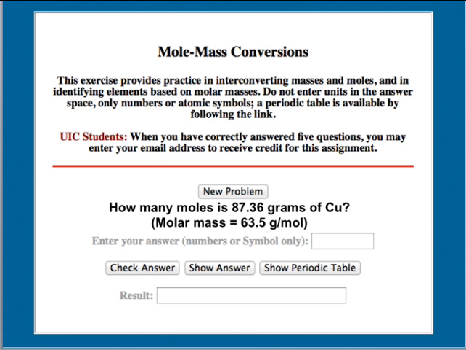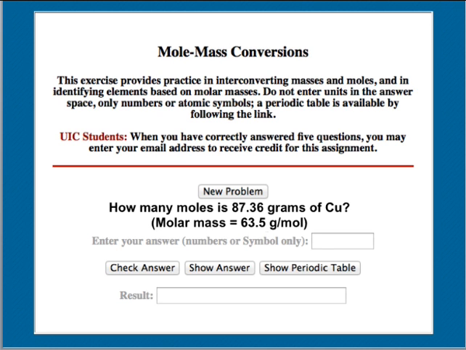Well, if 1 mole weighs 63.5, how many moles is 87.3? You're simply going to take your mass here, divided by your molar mass. Remember what you say every night before you go to sleep.